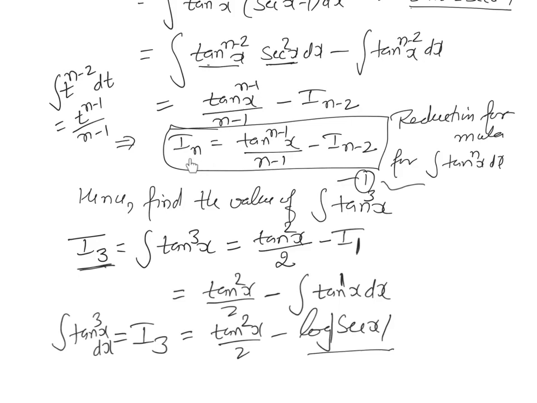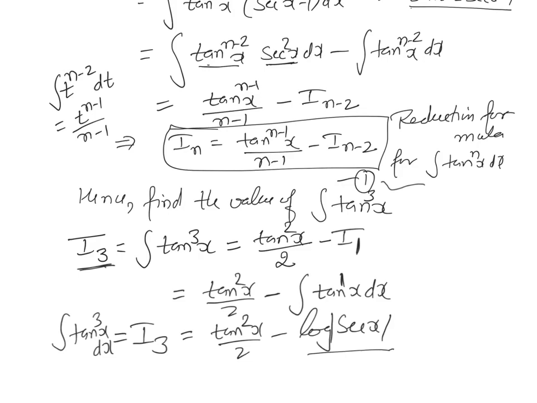Look here, the power of the integral is n, tan raised to the power n. Now here the power is n minus 2. So we have connected the given integral where the tan is having power n to a simpler integral where tan is having power n minus 2. So this connection is called the reduction formula because the power has been reduced to n minus 2.